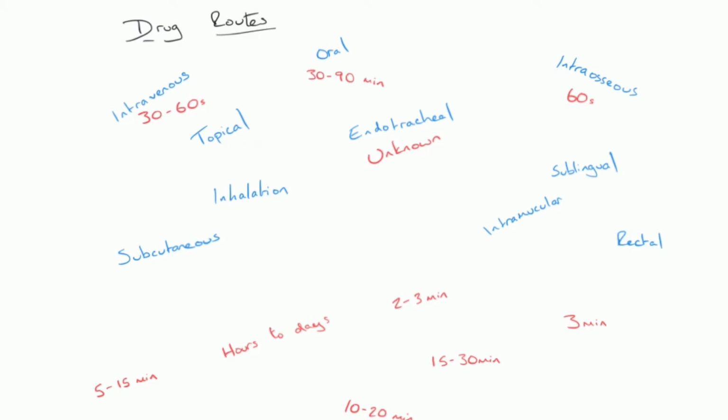We've then got inhalation, so these are your nebulizers, for example, your nebulized drugs such as nebulized salbutamol or ipratropium or adrenaline, and we look at about 3 minutes for nebulized drugs.